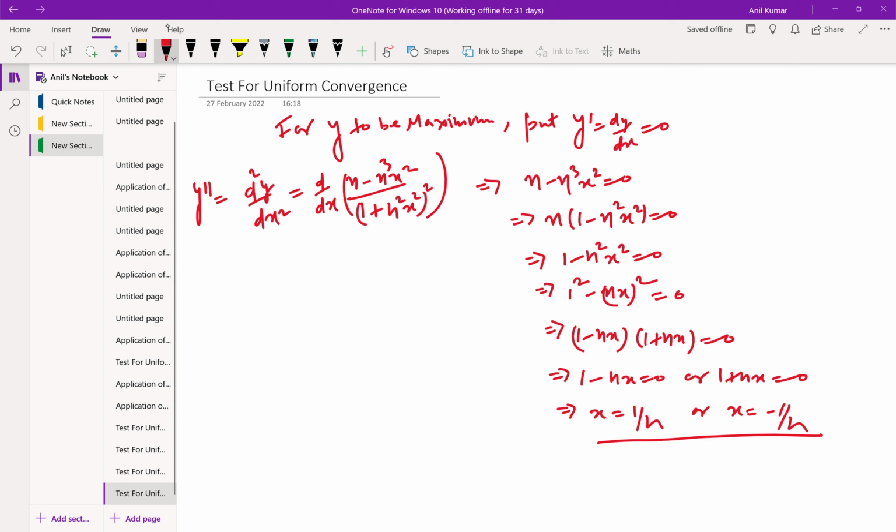So it is coming out to be, I am writing here directly, you can compute this one, right? So it is coming out to be minus 2 n cube x (3 minus n square x square) in the numerator, and in the denominator (1 plus n square x square) whole power 3, right?